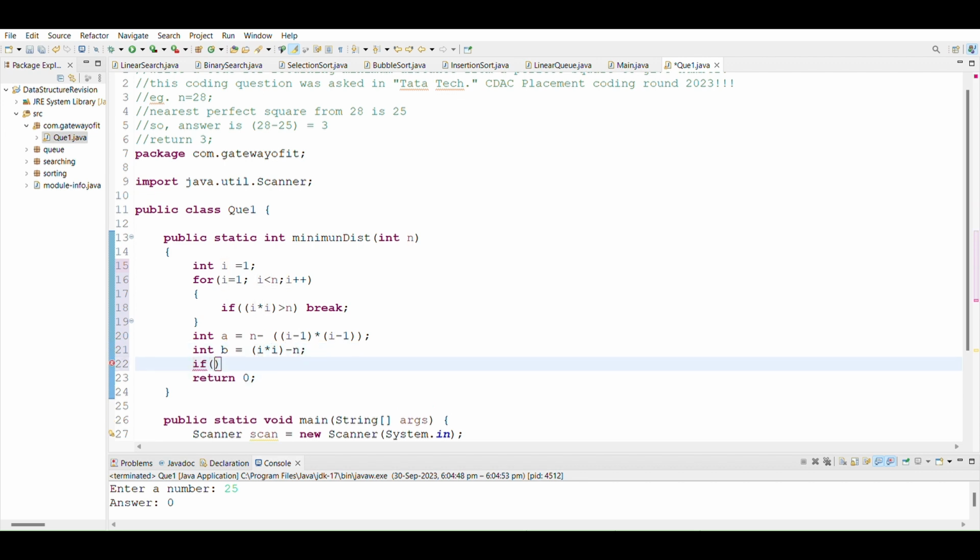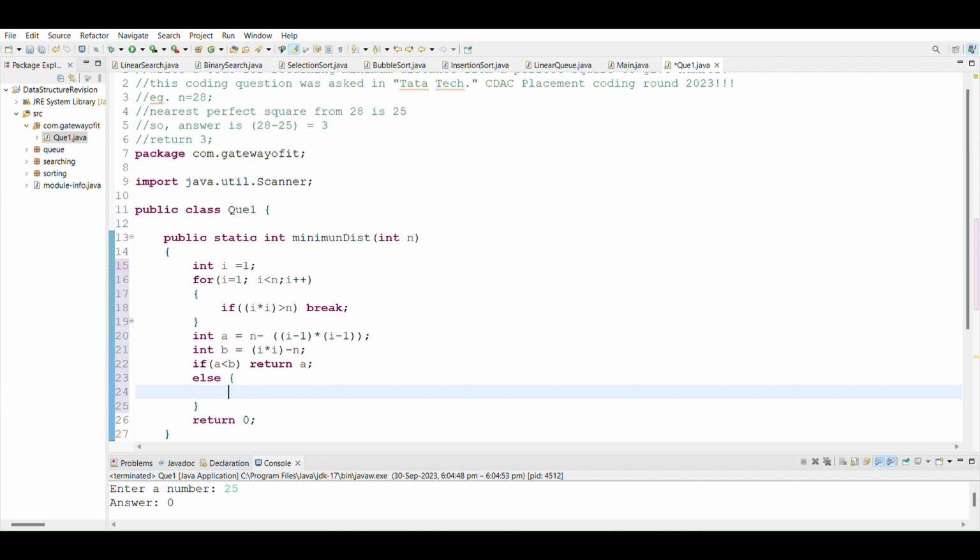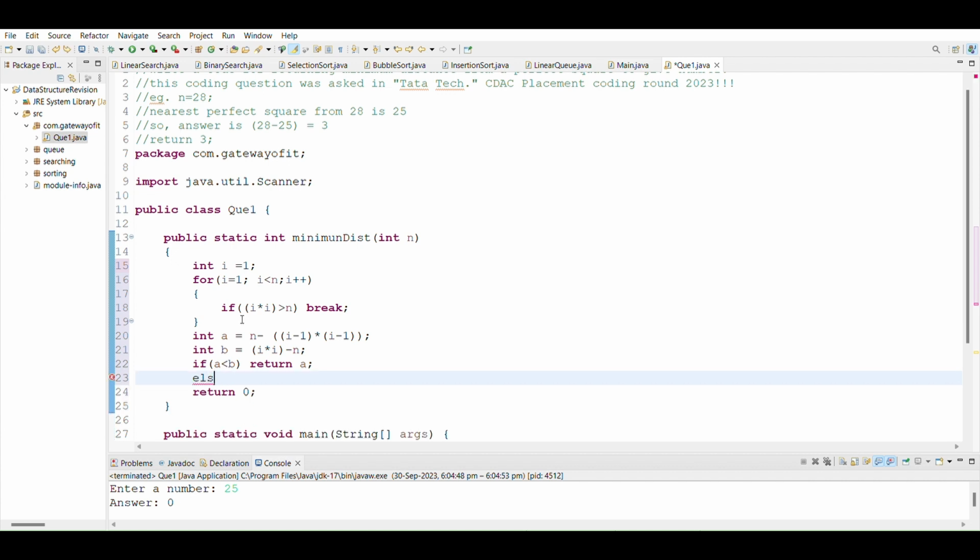If a is less than b, then return a, else return b.